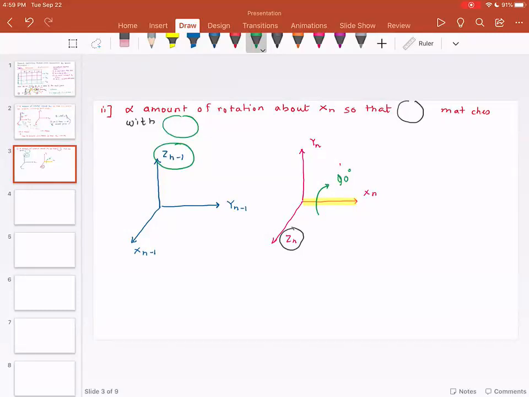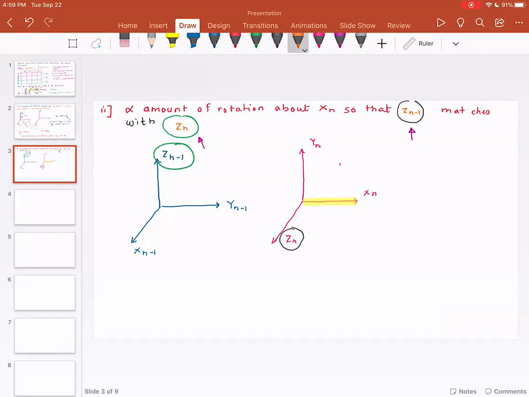So alpha is the rotation about Xn. And this rotation is such that Zn minus 1 is aligned with Zn. Now, please note here it is Zn minus 1 and here it is Zn. Unlike the previous theta, what we are trying to do is rotate about this Xn so that you get the rotation. Now check this out.